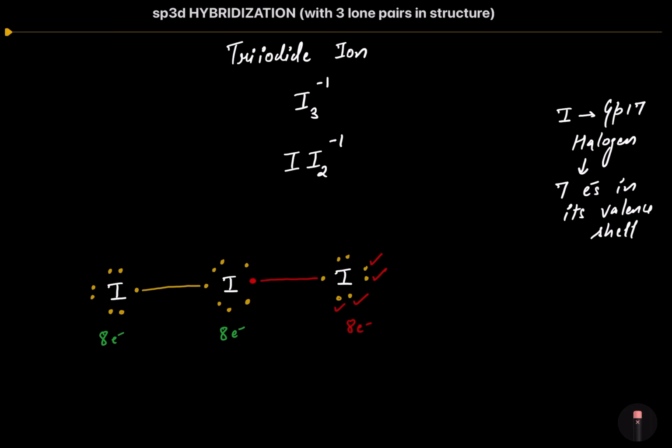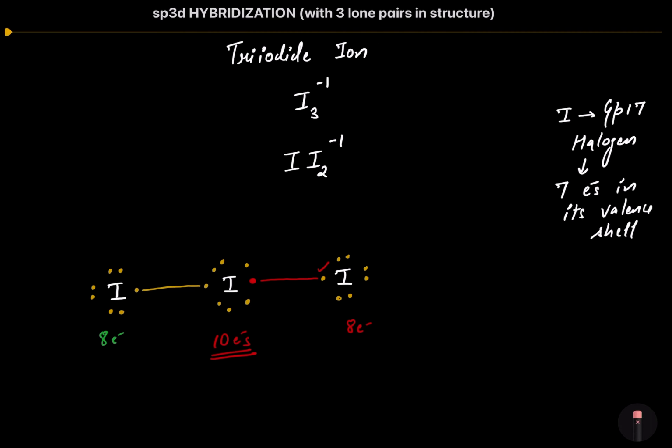Now let's count the number of valence electrons for the second iodine again. That's the first electron, second, third, fourth, fifth, sixth, seventh, eighth, ninth, and the 10th. So the second iodine has attained 10 electrons in its valence shell after the formation of two bonds with the two iodines.